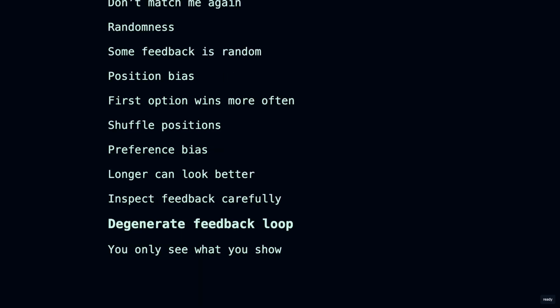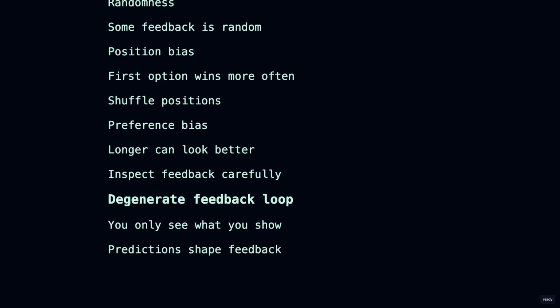Users can only react to the items you expose to them, so the data reflects your system's previous choices. In a feedback loop, the model's predictions affect what users see, and that exposure affects the feedback they give. Then that feedback shapes the next version of the model, which can amplify the original bias.